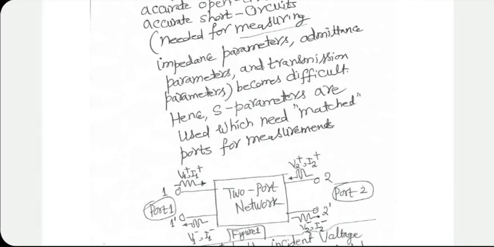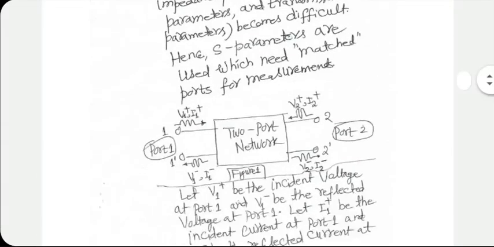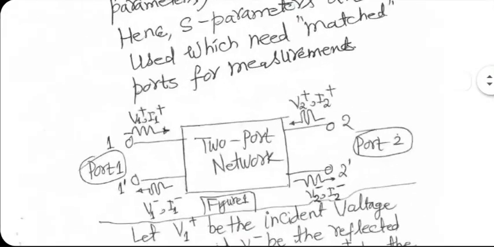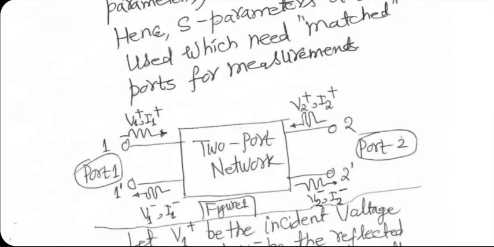There is something called an incident signal and something called a reflected signal. This is how high frequencies work. So suppose I take a two-port network and I say that the incident voltage at port 1 is V1 plus and reflected voltage is V1 minus. And similarly at port 2, the incident voltage is V2 plus and reflected voltage is V2 minus.